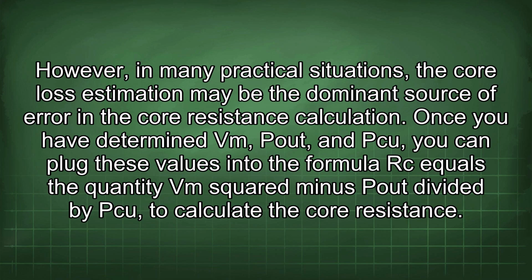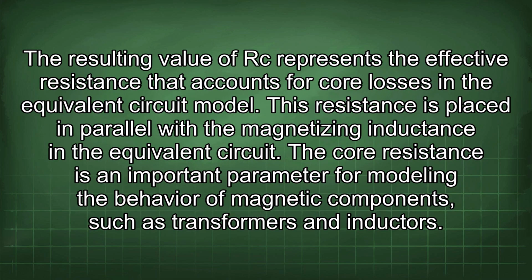Once you have determined Vm, Pout, and PCU, you can plug these values into the formula RC equals the quantity Vm squared minus Pout divided by PCU to calculate the core resistance. The resulting value of RC represents the effective resistance that accounts for core losses in the equivalent circuit model.